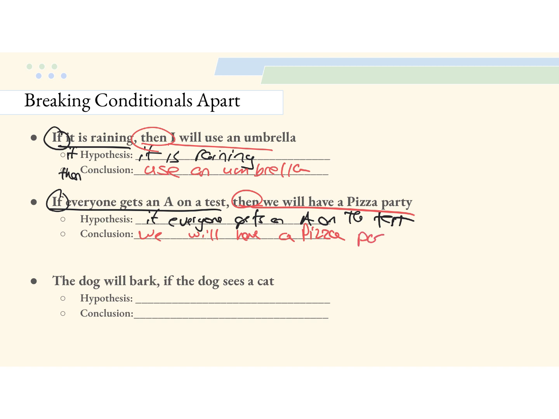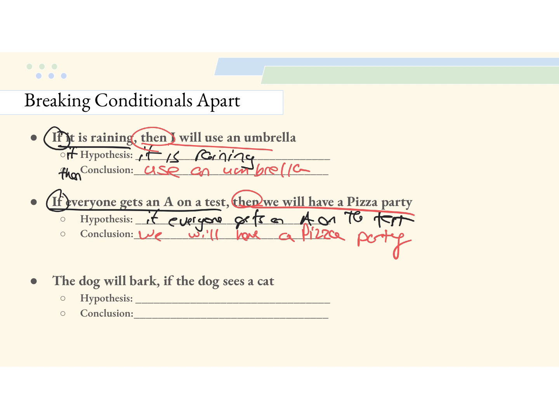So we will not have a pizza party until everybody gets an A on the test. So that's, again, just because everybody gets an A on the test, that's going to imply we have a pizza party. Now, hypothetically, we could have a pizza party. It doesn't necessarily mean everybody got an A on the test, but what we know for a fact is if everyone gets an A on the test, then as a result, we will have a pizza party.